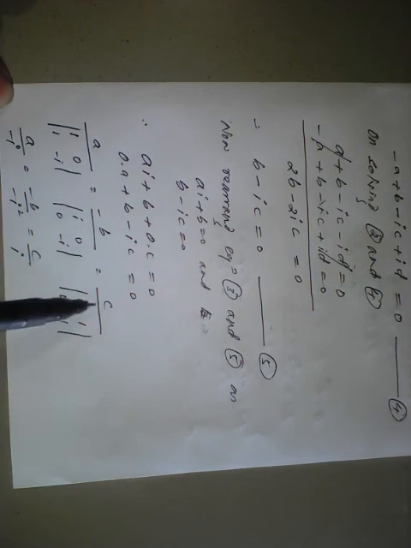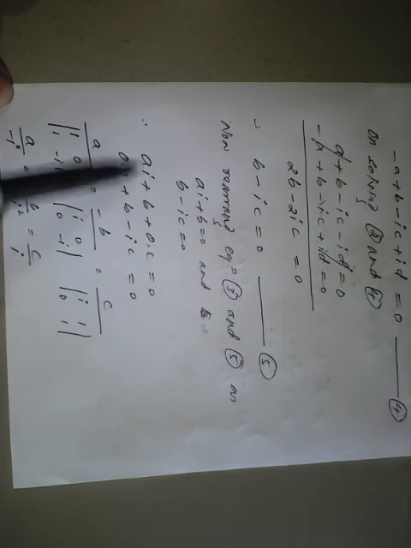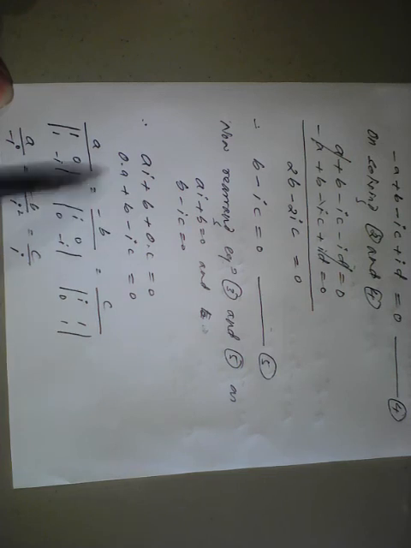Similarly, to get the value of C, you have to hide the C element. At that time, coefficient of A is i, coefficient of B is 1, coefficient of A is 0, coefficient of B is 1. So you simplify this determinant. On simplification, we get A divided by minus i, because 1 into minus i is minus i, and 1 into 0 is 0. Then i into minus i is minus i square.